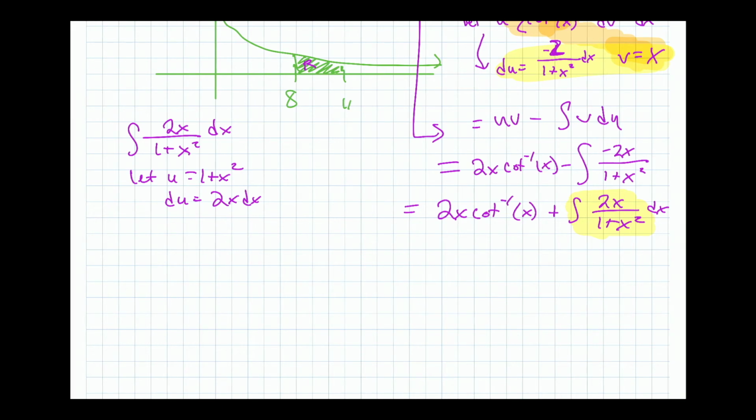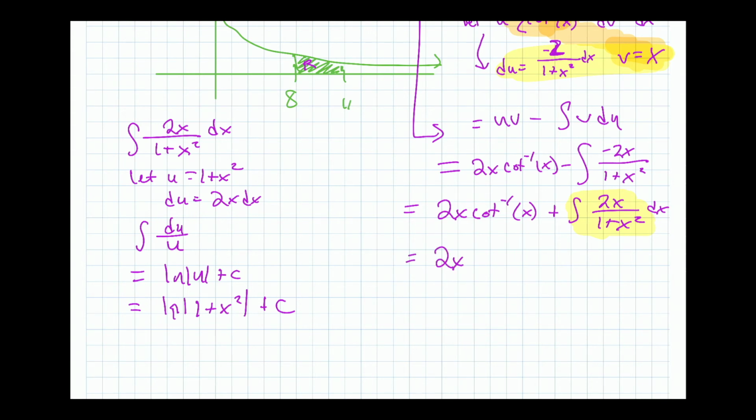So you substitute that in, you have the integral of just du over u, which is ln absolute value of u plus a constant, or ln absolute value 1 plus x squared. And you don't even actually need the absolute value, because 1 plus x squared is always bigger than 1 because x squared is positive.